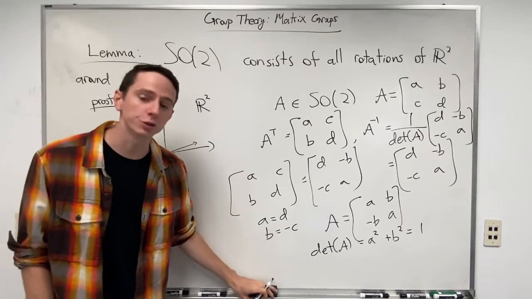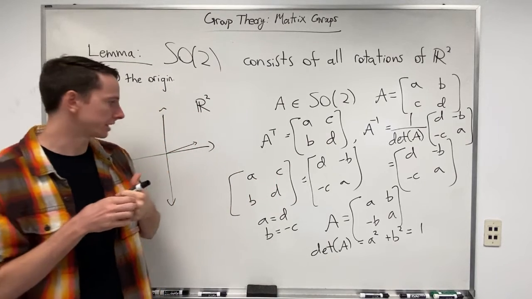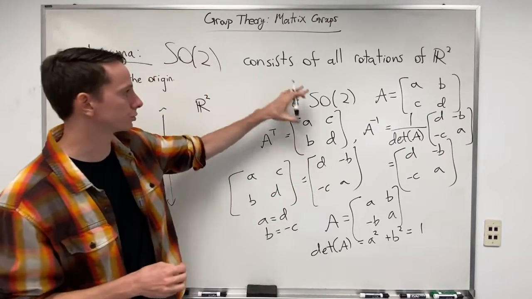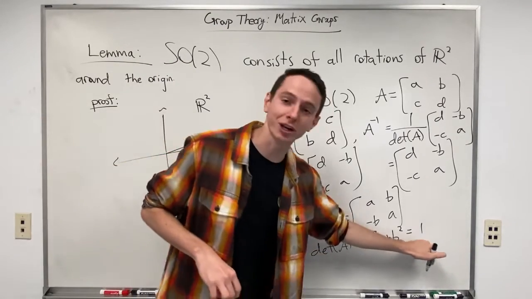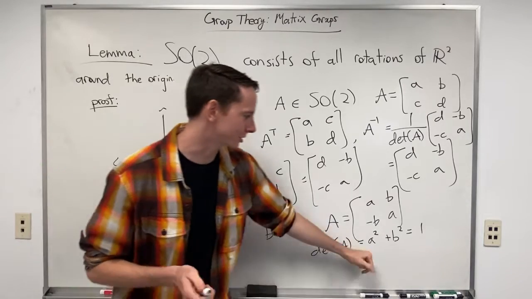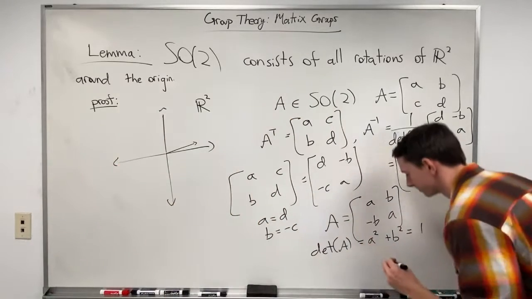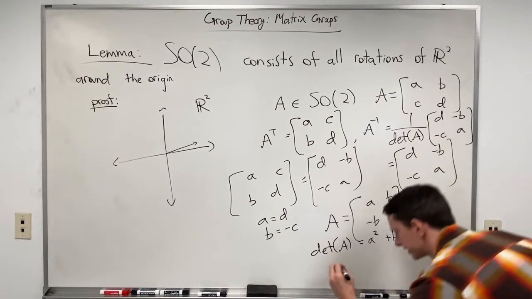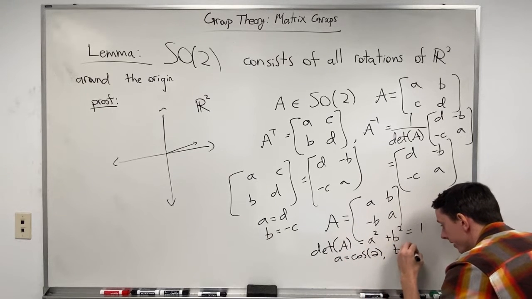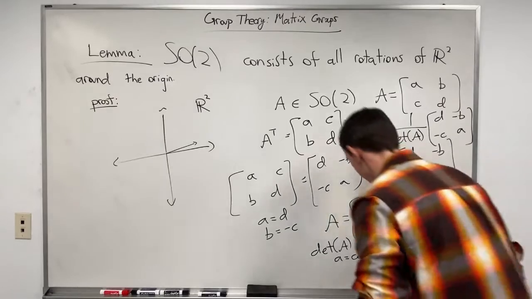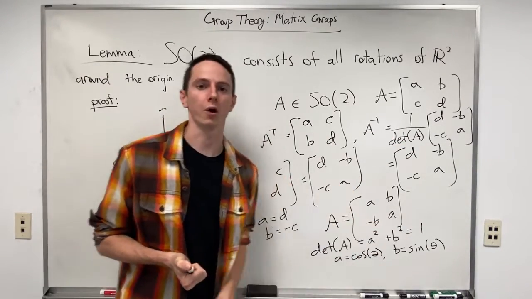And now all we have to do is make a simple change of variables to see that any matrix in SO2 represents a 2-dimensional rotation. Hopefully this looks like some trigonometric identity we've seen before: something squared plus something squared equals 1. So if I just conveniently replace, let's set a to be cosine theta, and b to be sine theta, now you can see that we get the standard trig identity, cosine squared plus sine squared equals 1.